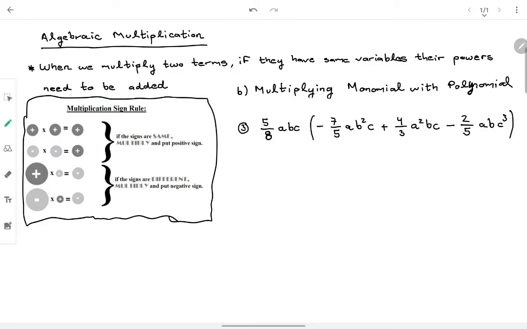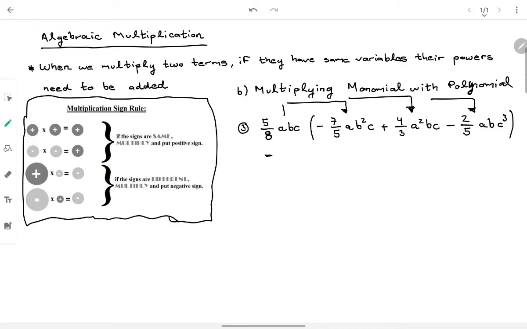In this case, it's very similar. We will need to multiply this term with this one, then with this one, and at the end with this one. So the process is the same. It's multiplying monomial with monomial so many times. So in this case, we will get 5 multiplied by 7, and then 8 multiplied by 5.